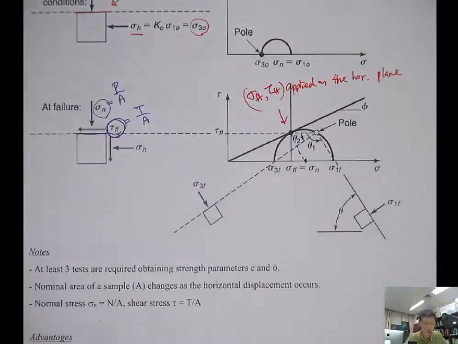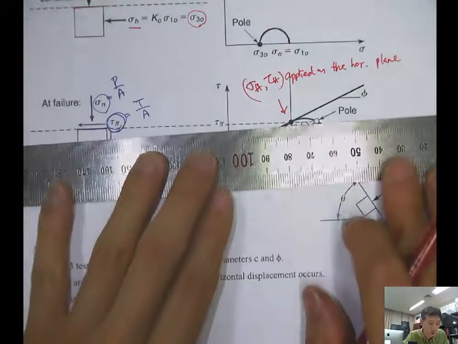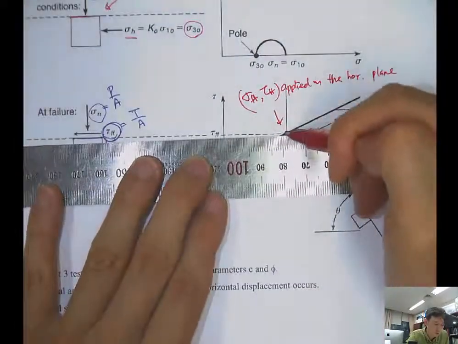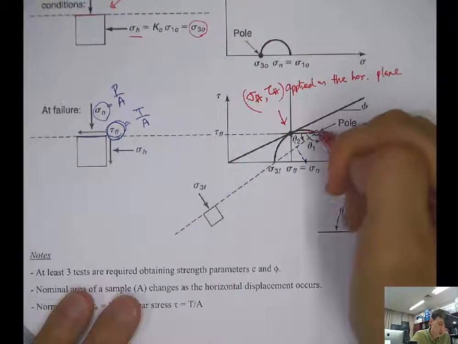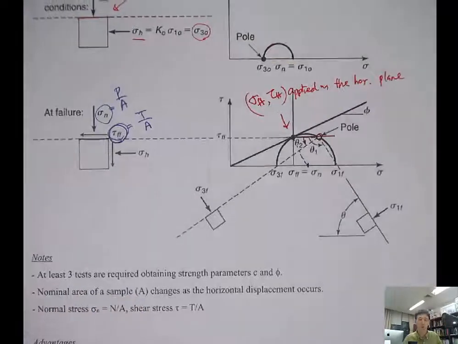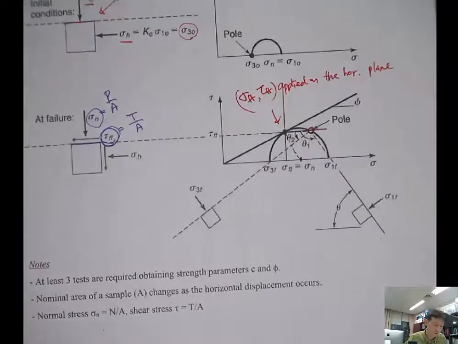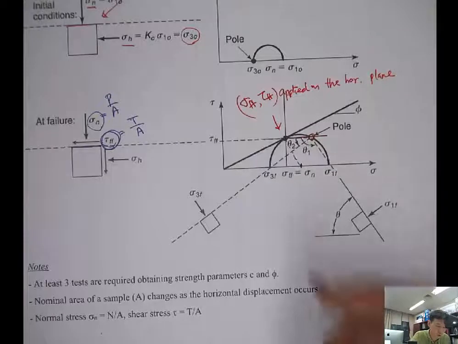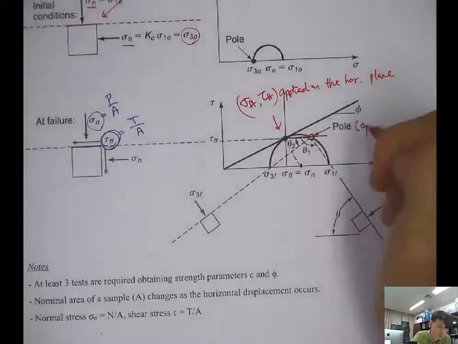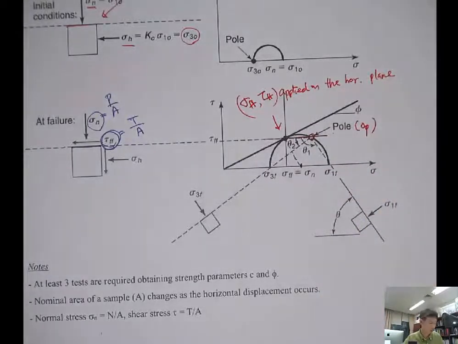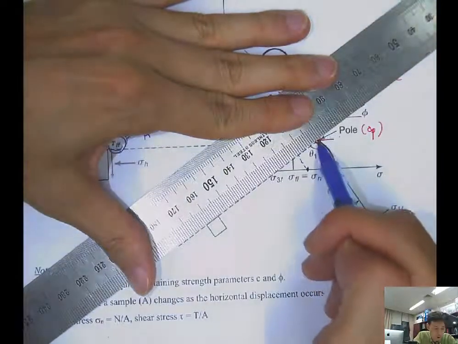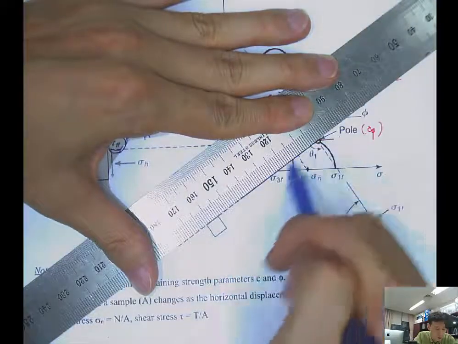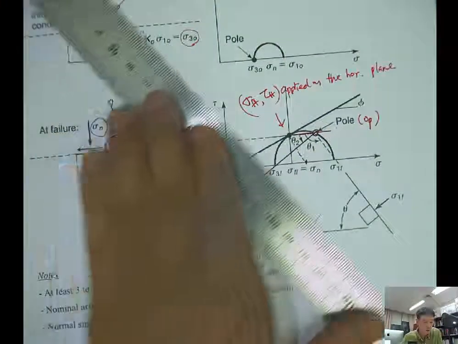So if we plot the horizontal line to find the pole, the intersection with the Mohr circle will be the pole. Right? So then you can plot the major principal plane and minor principal plane like this.